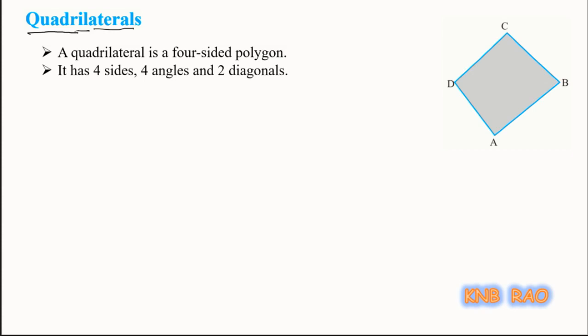A quadrilateral will have 4 sides. Here you could see AB, BC, CD and DA. And a quadrilateral will have 4 angles, where you can see angle A here, angle B here, angle C and angle D.